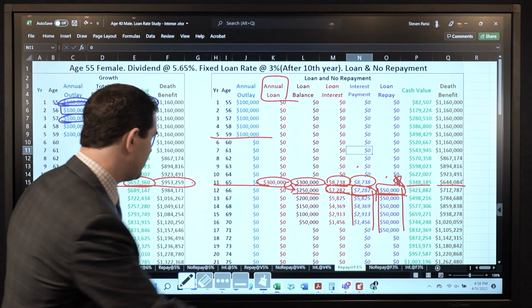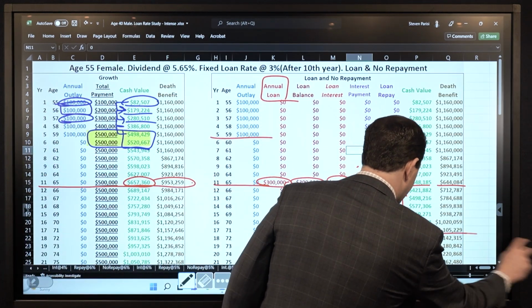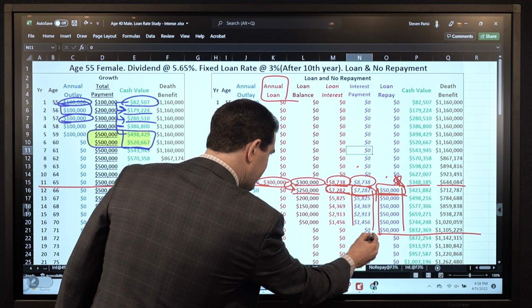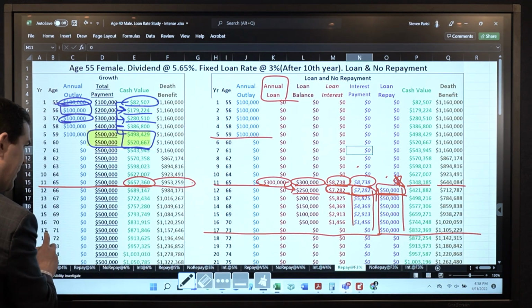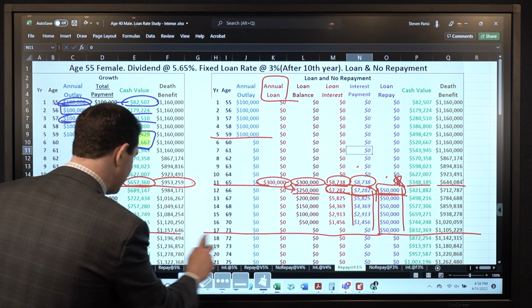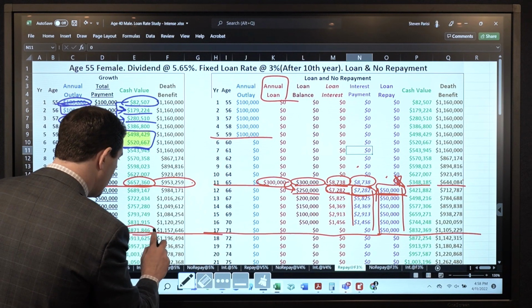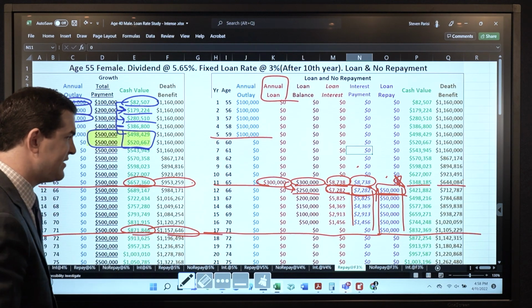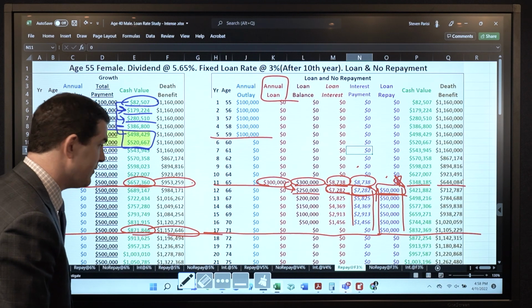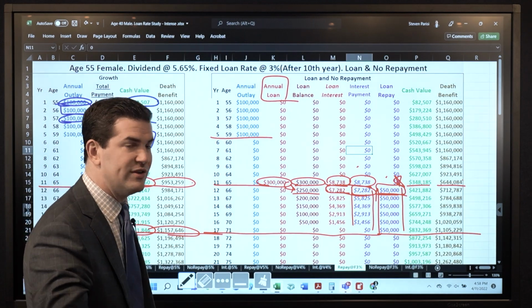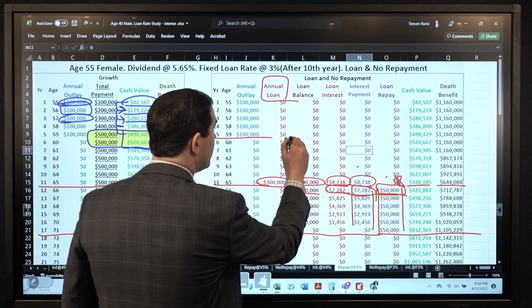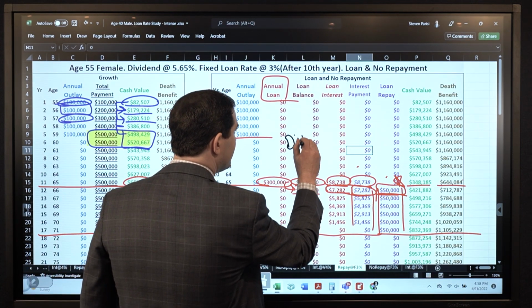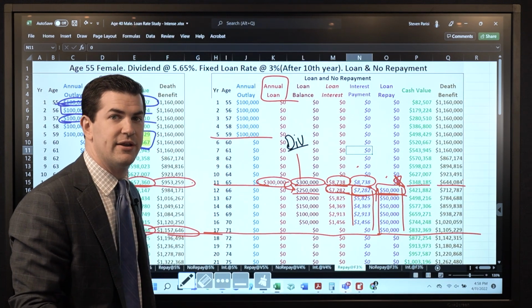So direct recognition contract, when this is paid back, what do you notice there? 832 and 1105 compared to the example where we just let it sit and grow, 871, 1157. So we see a difference there, about 40 grand. The reason why, this guy right here, the outstanding loan balance, still receives a dividend interest rate.